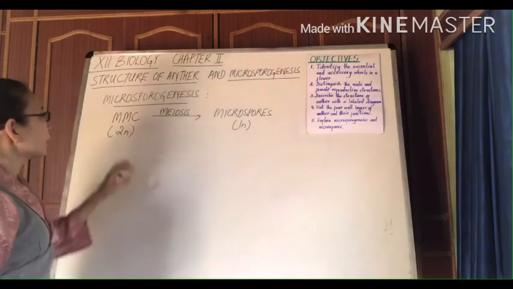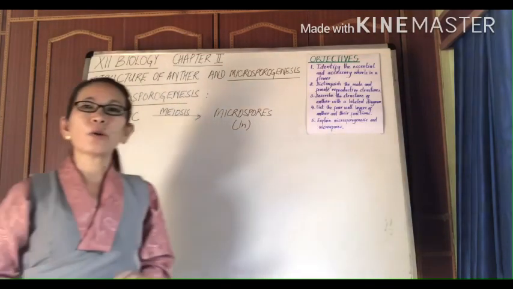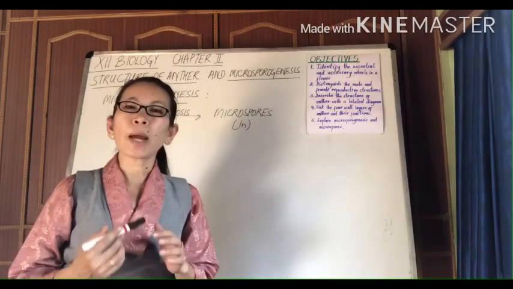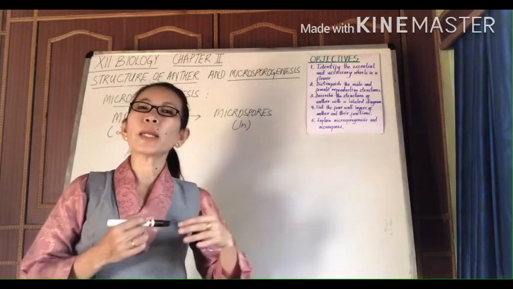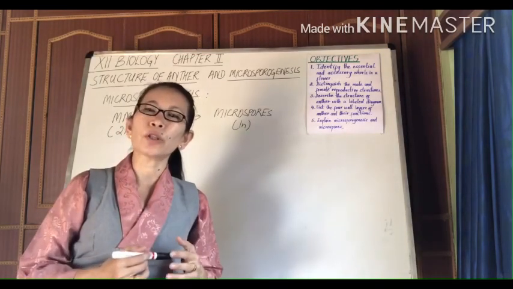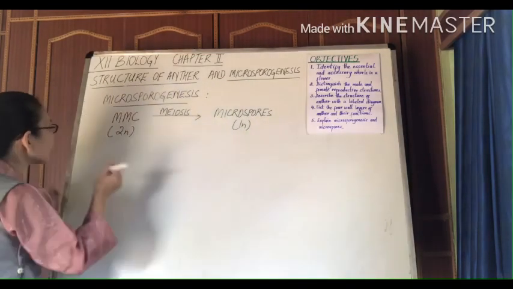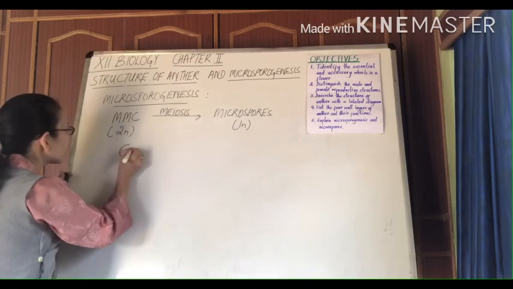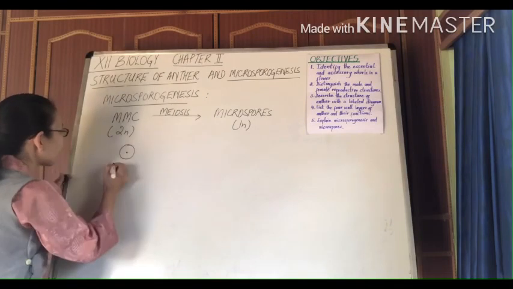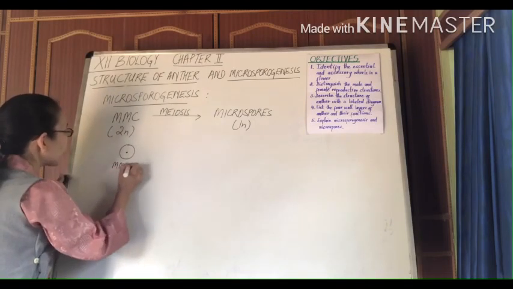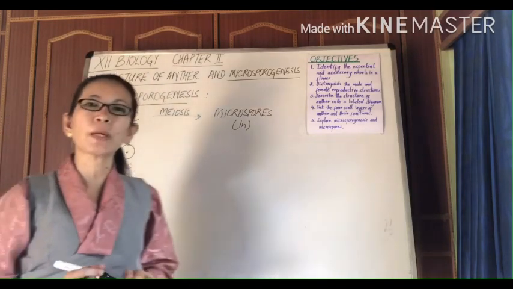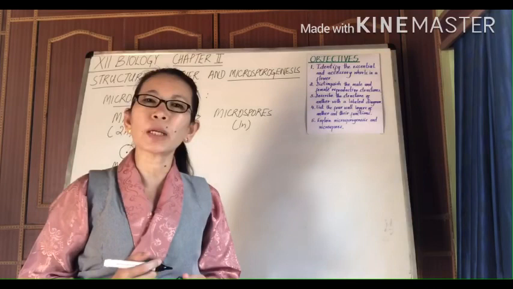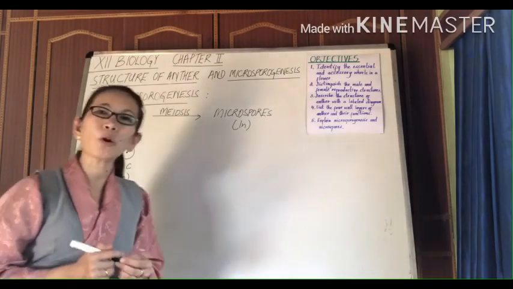To understand this, let me take an example of a single microspore mother cell. Of the many cells inside the Microsporangia, let's assume we have a single microspore mother cell, which is a diploid cell, because angiosperms are diploid plants, and because of which the cells would be diploid.